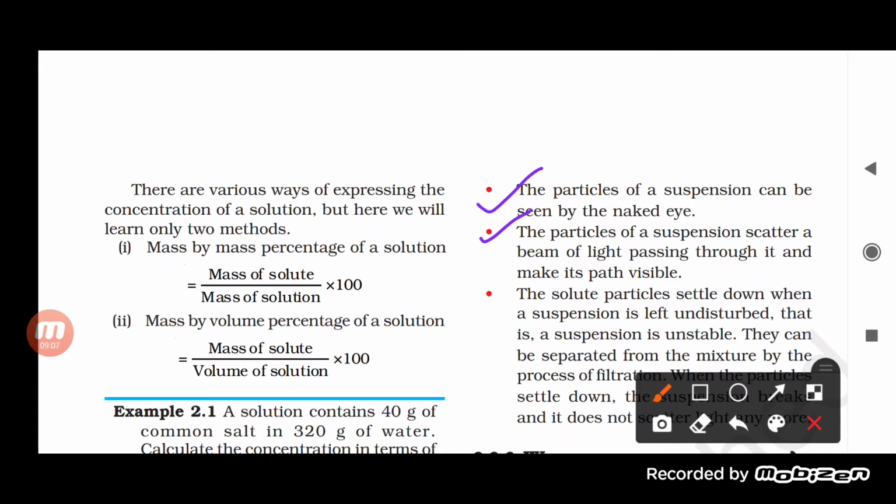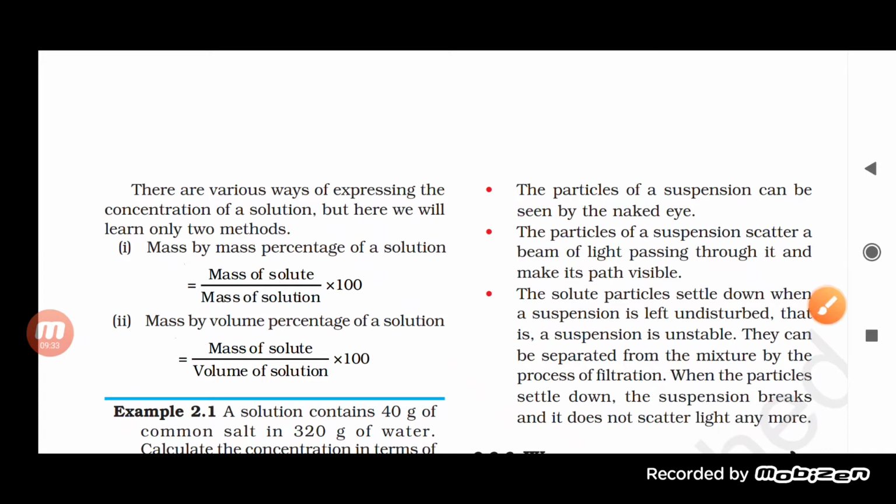What does that indicate? It indicates that the particles are not stable. In other cases, the particles are stable, like in a colloidal or true solution. But in a suspension, the particles easily settle down when we leave it undisturbed. Understood? So this is also a property of a suspension.